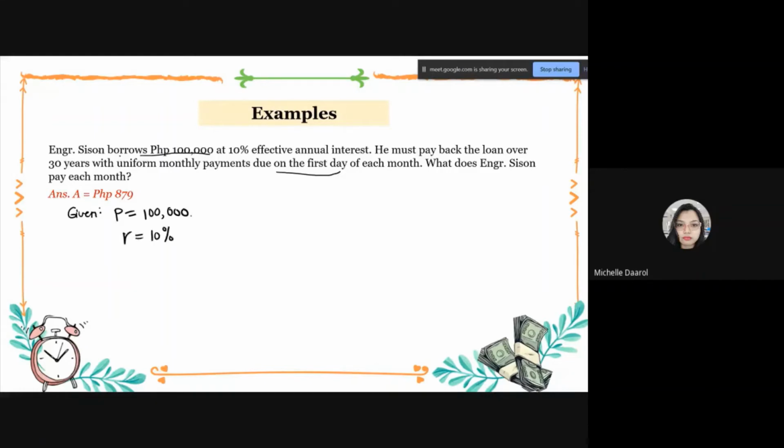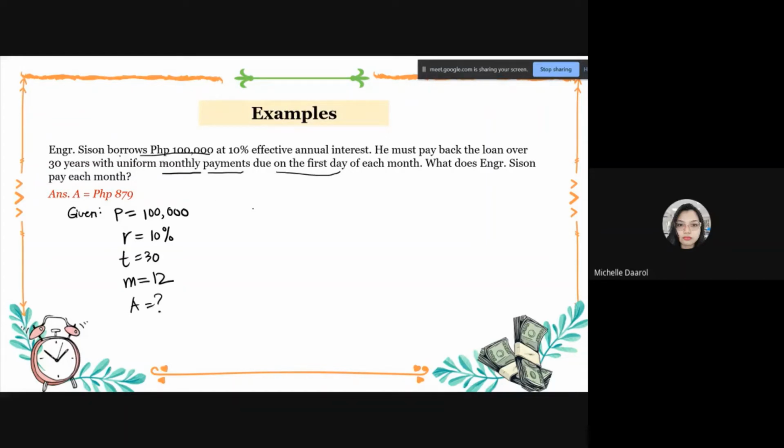He must pay back the loan over 30 years, so the time here is 30. With uniform monthly payments, it means the compounding period is 12, due on the first day of each month. So it actually asks for the annuity.